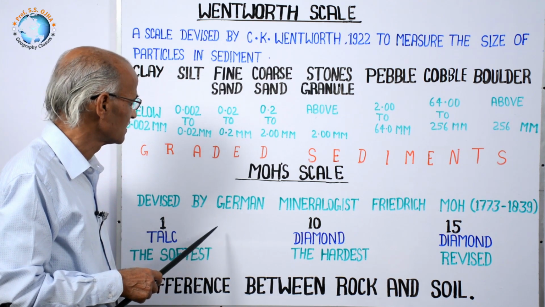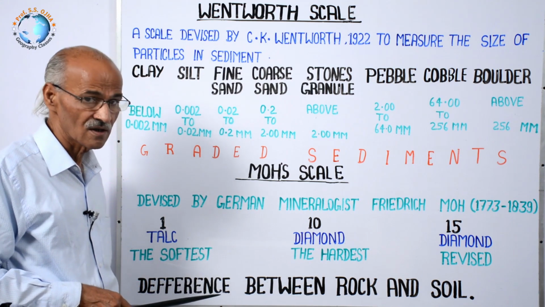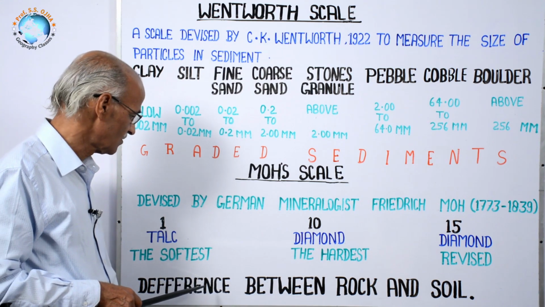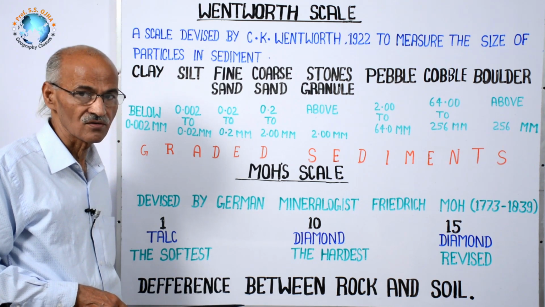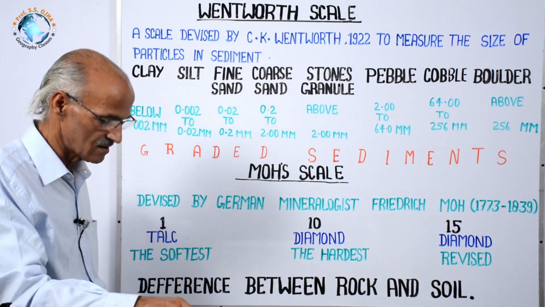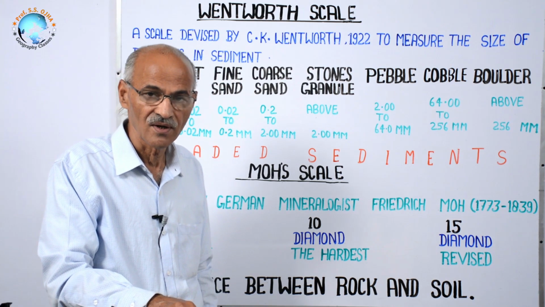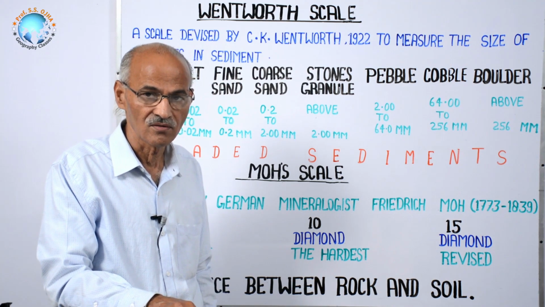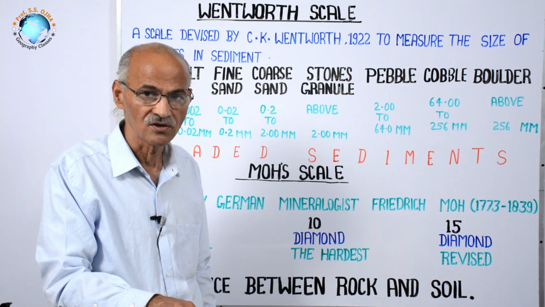Now, after understanding this Mohs scale, there may be an applied question from you: what is the difference between rock and soil? As we have discussed, rocks are hard or soft things, may be of biotic and abiotic origin on the surface of the earth, and these are natural.